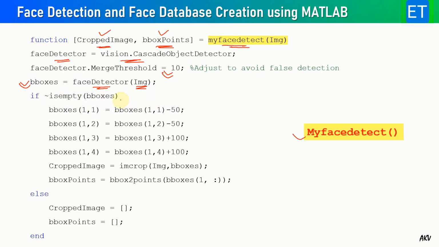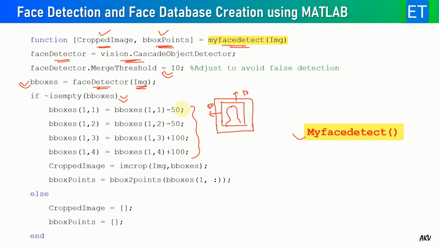If a bounding box is there, that means a face is detected, and I do some simple manipulation: I increase the size of the detected bounding box. The detected bounding box is a very close fit on the face, so I increase its size in all directions by 50, just to cover some head portion, that means some hair, some ear portion, and some neck portion of the person.